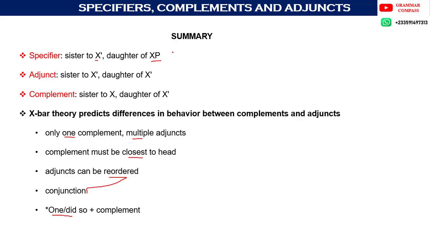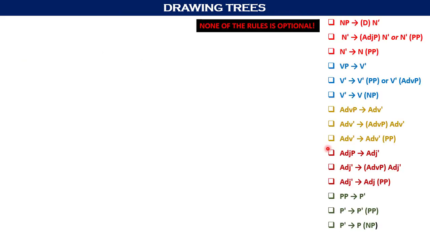These three things are very important because we are going to learn how to draw trees of the X-bar theory. If you don't understand this, kindly rewind and listen carefully to the explanations again. Now, we know all the rules of X-bar theory from the noun phrase, verb phrase, adverb phrase, adjective phrase, and prepositional phrase.